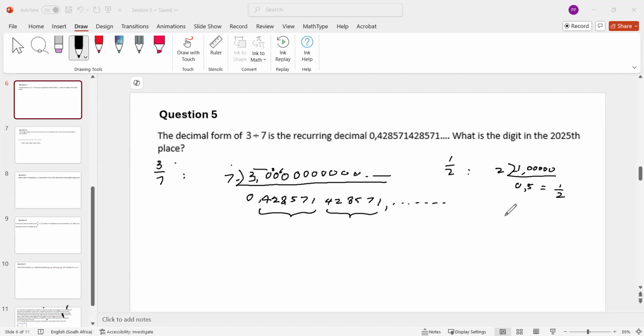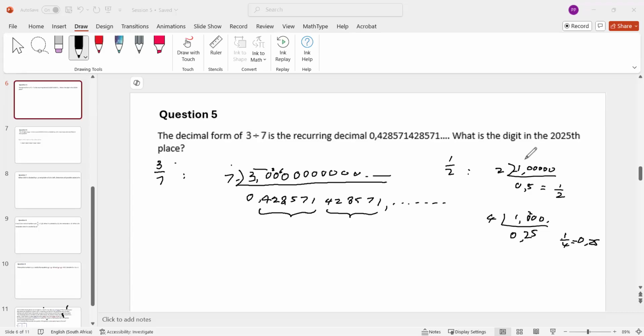Or you know a quarter is 0,25. 4 goes into 1 0 times, 4 goes into 10 2 times, 2 4s are 8, 4 goes into 20 5 times, exactly. And after that is all zeros. So if you got zeros at the end, you just eliminate them. So therefore, a quarter is 0,25. See? So these are terminating decimals. In other words, they end. But this one here is non-terminating.